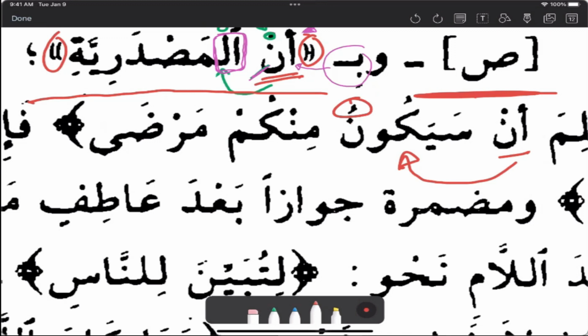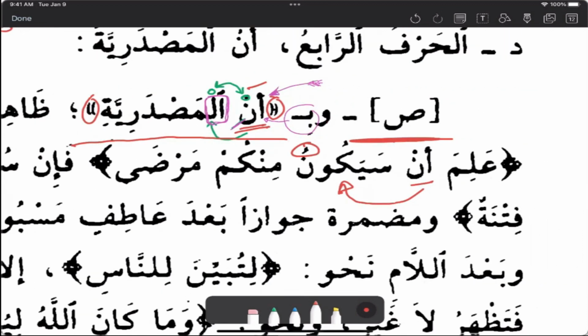Why doesn't it say an sayakuna? And the answer is because it was preceded by ilm. Knowledge came before it. The meaning of knowledge doesn't have to be the word ilm. علم أن سيكون منكم مرضى.